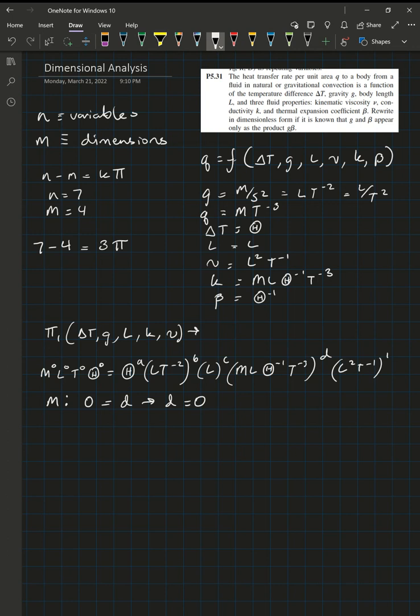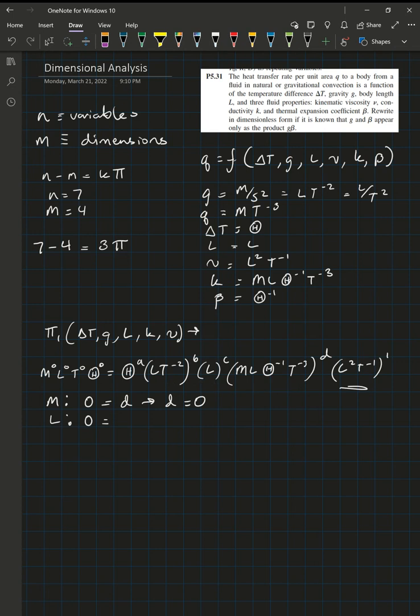I'm going to do this for each dimension. Next I have L, which again is just 0 on the left-hand side. I go through my variables. This one doesn't have it. This one has it. Length obviously has a dimension of length within it. Again, K has it, and also kinematic viscosity.